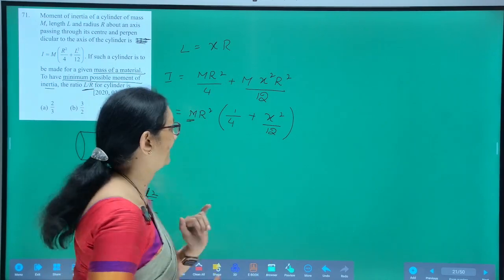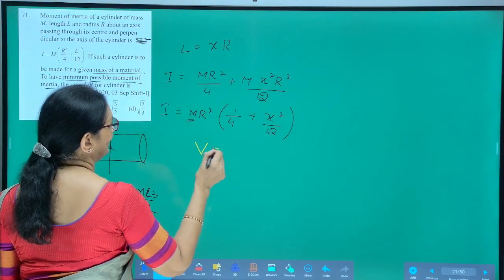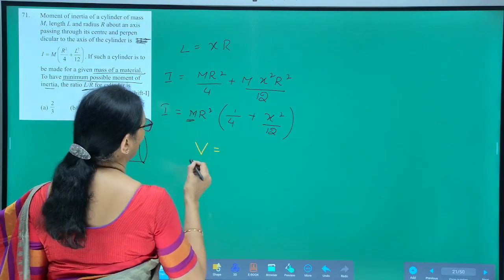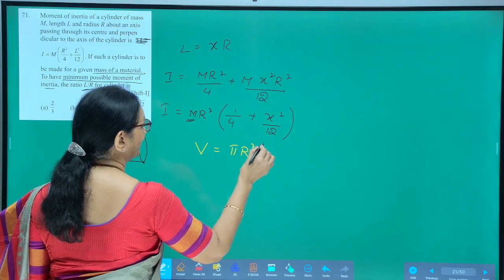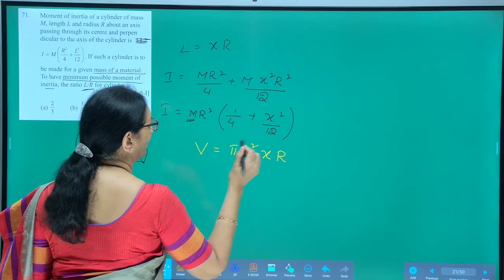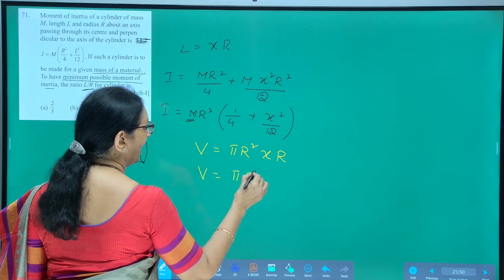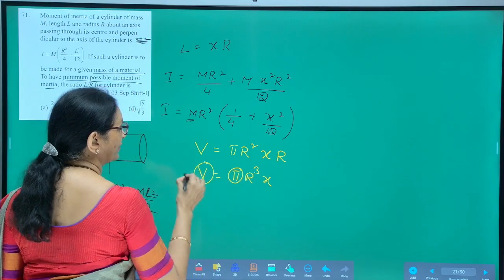Now, let us see. Actually, volume of the cylinder is constant because density is constant and mass is constant, so volume has to be constant. So, pi R square L, and L is taken as x into R. So, volume is equal to pi R cube x. This is constant.